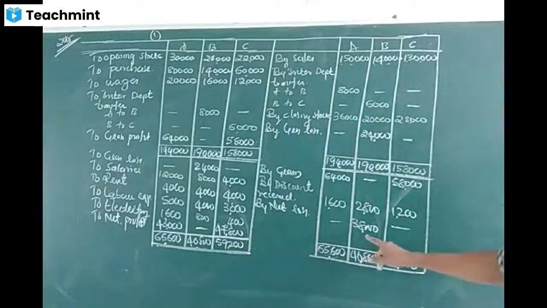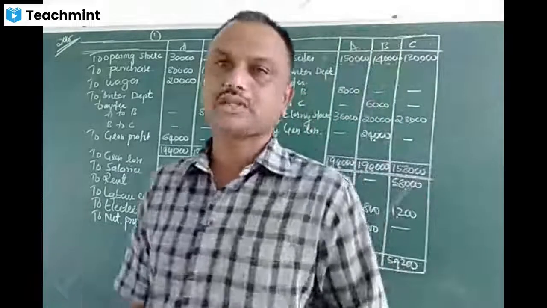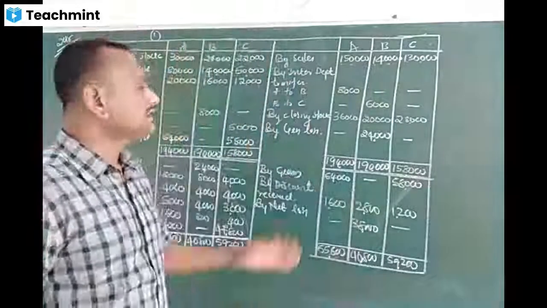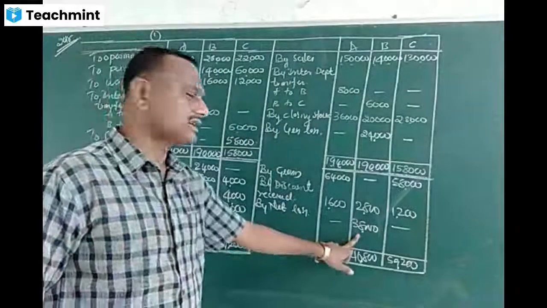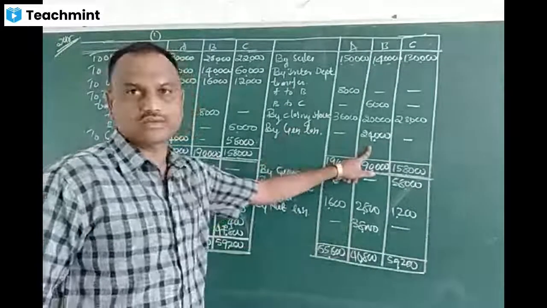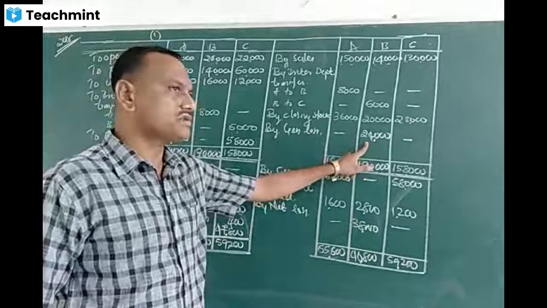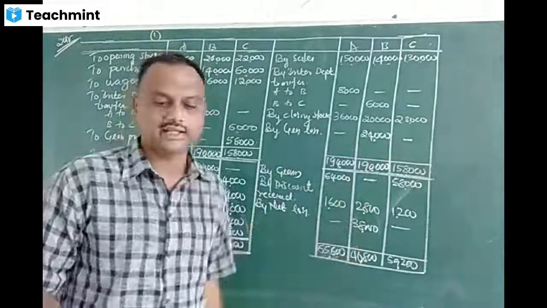But in case of department B, we have a loss of 38,000. Suggest which department should be closed and why. So here, department B is to be closed because it is under loss. There is a gross loss of rupees 24,000 and net loss of rupees 38,000.